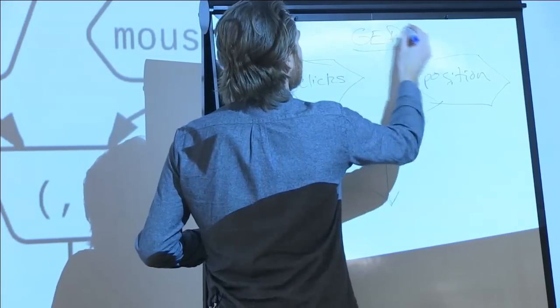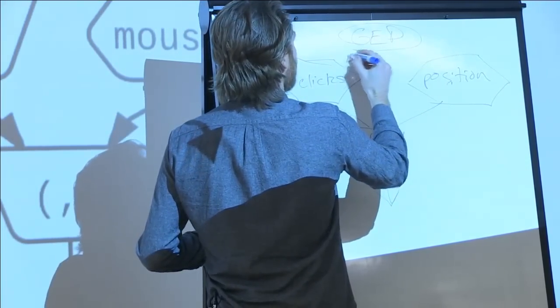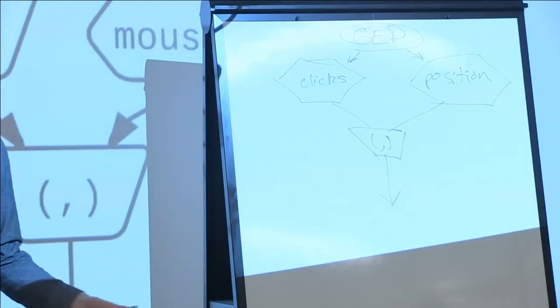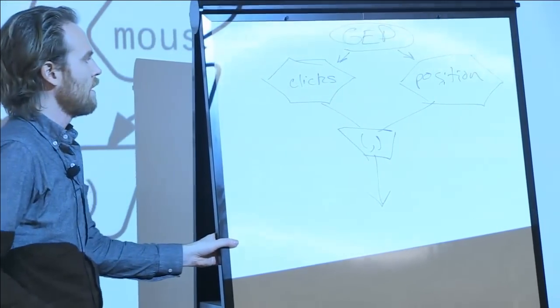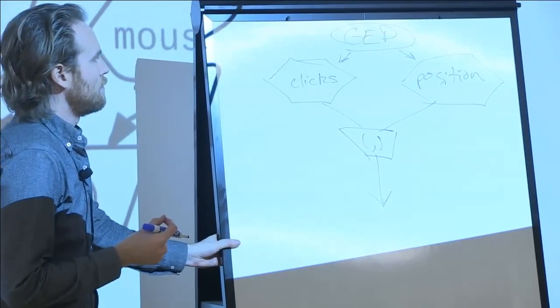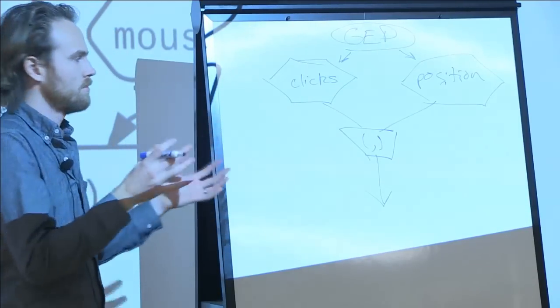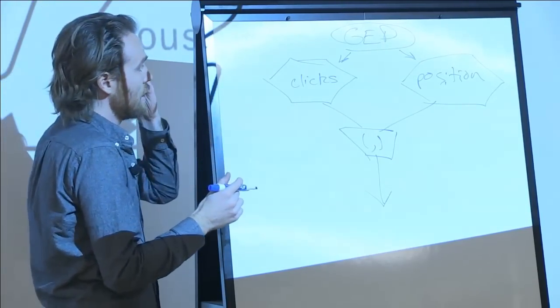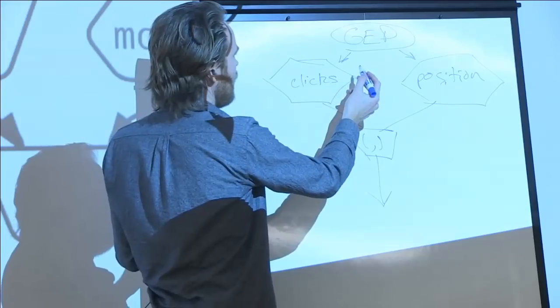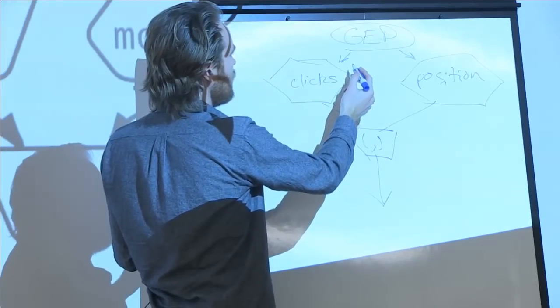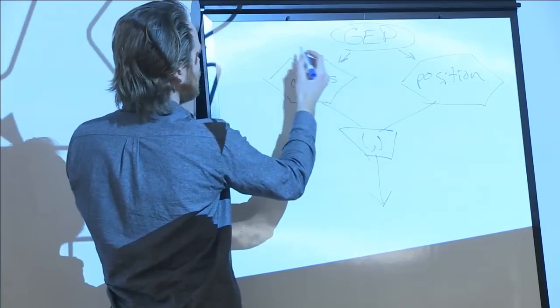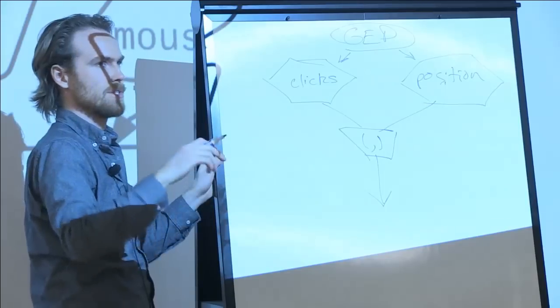Here's the global event dispatch, and it's going to be broadcasting events to all the inputs, like I was saying before. So the way this ends up happening behind the scenes is, let's say the first thing that happens is that the mouse moves.